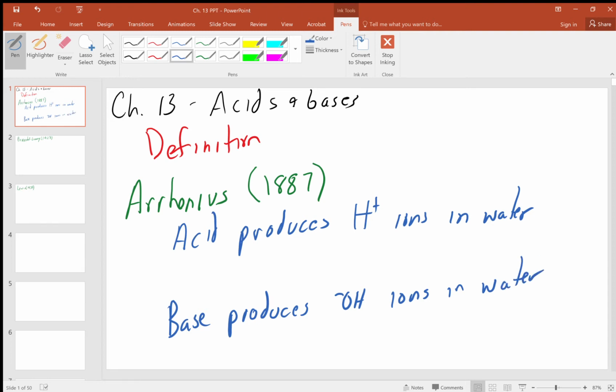Now, we will also talk about what a strong acid versus a weak acid is. And so the Arrhenius definition defines a strong acid or a strong base, but if we use the term strong, it refers to one that completely dissociates.